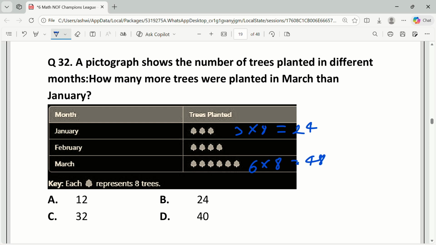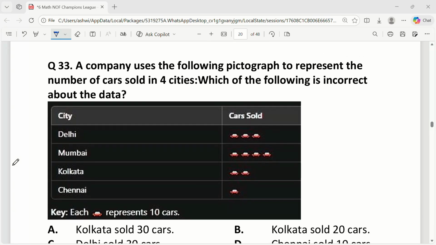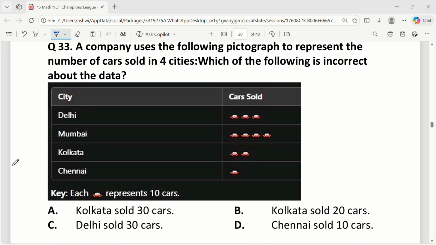And March has 6 icons, that is 6 into 8, which is equal to 48 trees. To find how many more trees were planted in March than January, subtract the January total from the March total. That is 48 minus 24, which is equal to 24. Comparing with the options, the answer is B, 24.